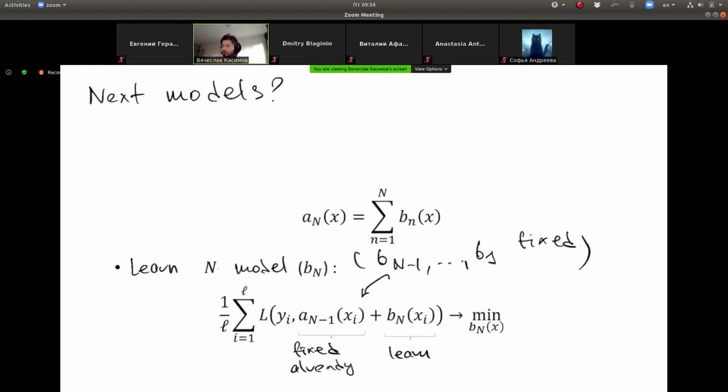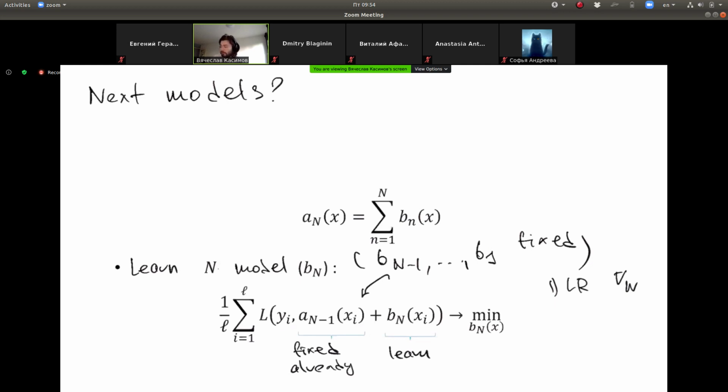Okay, and you can see that it's a bit tricky now because we didn't discuss, for example, how to solve these problems. For linear regression, maybe it's okay. We just can take the gradient about parameters of this new loss and it's fine.